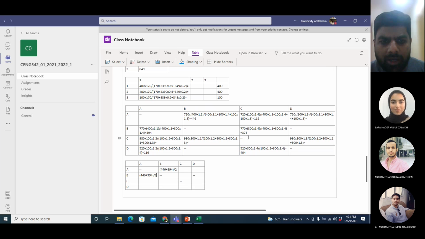Similarly, what other value can I calculate? Yeah, this one. So C2, I calculated from A to C. Do I have from C to A as well? No, I don't have. I have B to C, and then I have C to, no, I don't have.